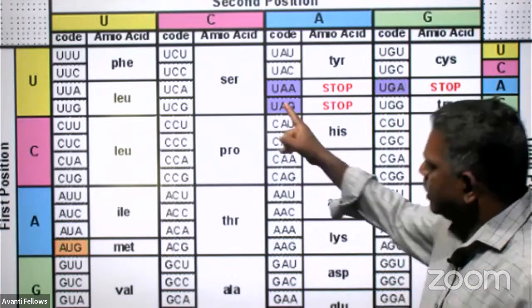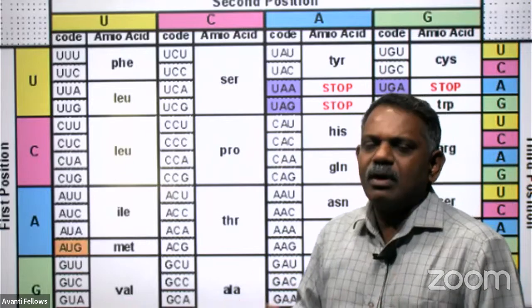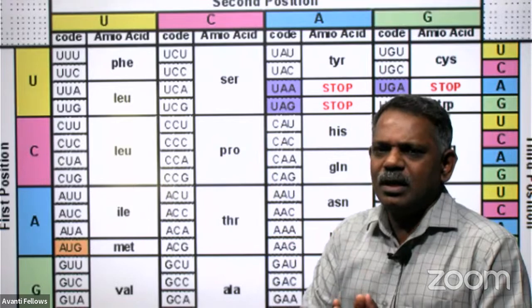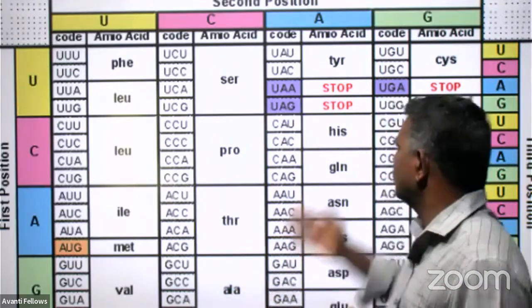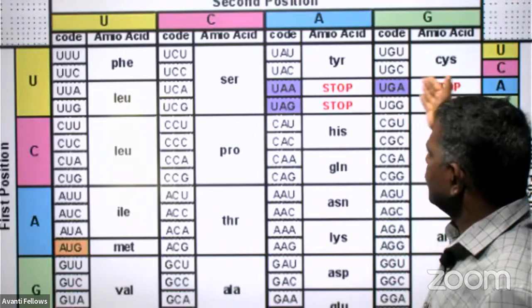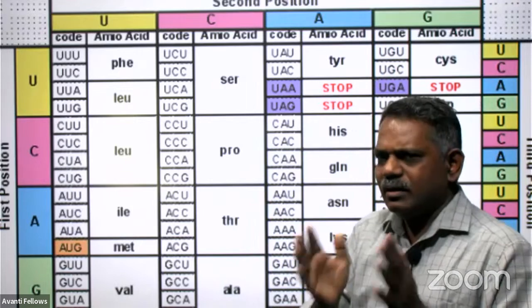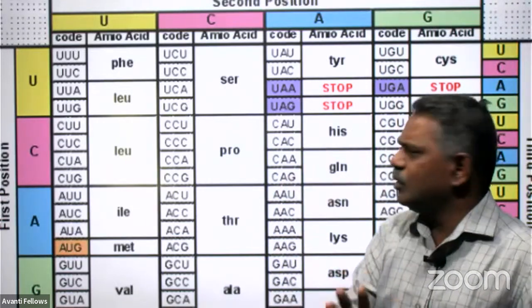That means one amino acid can be coded with many triplet codes, because amino acids are only 20, but triplet codons are 64. Out of 64, I told you 3 are stop codons only. So only 61 meaningful triplet codons, and these 61 triplet codons are coding for only 20 amino acids.